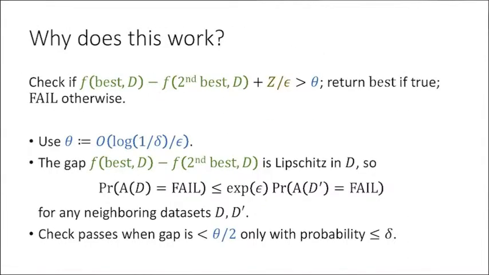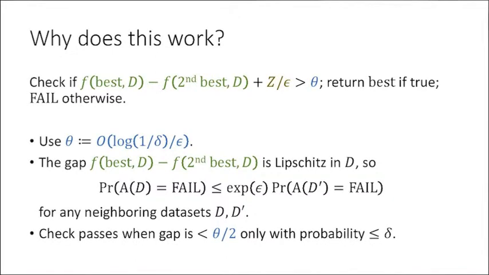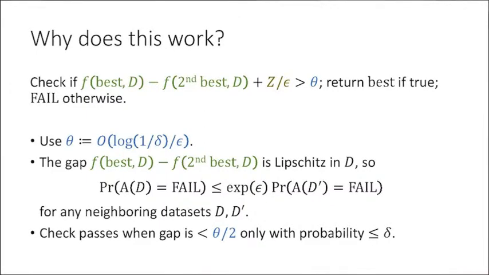Okay, so why does this work? Again, theta is log 1 over delta over epsilon. These functions, the maximum and the second maximum, are order statistics, and they are both also Lipschitz functions, because we're assuming that f for any item is a Lipschitz function.